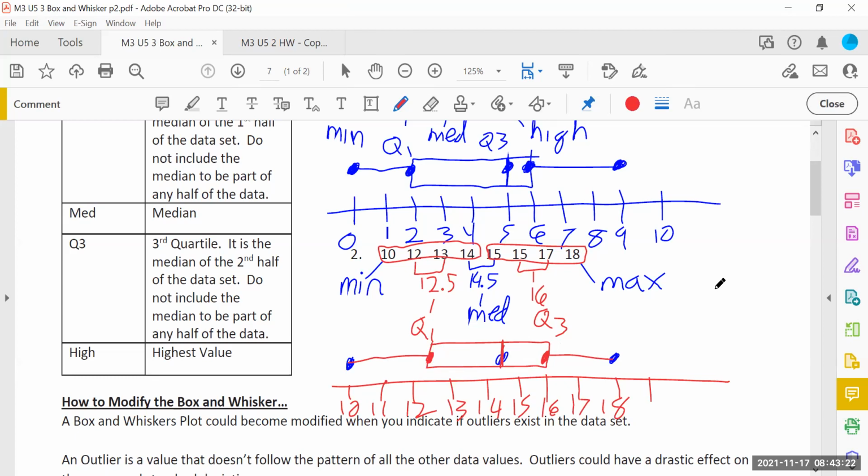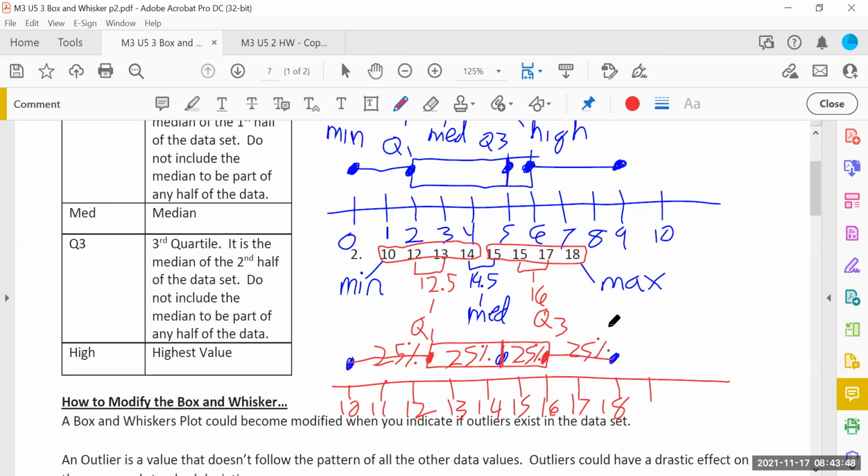Now, why are we doing this? What does the box and whisker represent? This whisker represents the lowest 25%. Each whisker represents a 25%, and each half of the box represents 25%. So there's 25%, here's 25%, here's 25%, here's 25%.